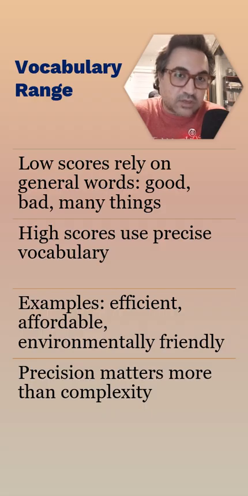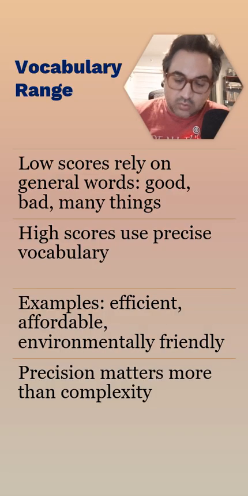It matters more than complexity, which means that if you use the exact right words, that is much better than using a wide range of words and using crazy difficult words that nobody uses. That is not really the goal in CELPIP. CELPIP is more about being natural, and it's more like an everyday language test, unlike IELTS. So if you are precise, that goes a long way.